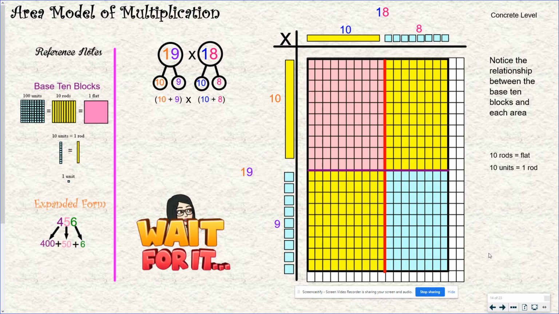So if you notice, there's a relationship between the base 10 blocks and each area. I know that 100 units or 10 rods is equivalent to a flat. I also know that 10 units is equivalent to a rod. So I color-coded my box area so that you could see the difference in the base 10 blocks and the relationship between them.